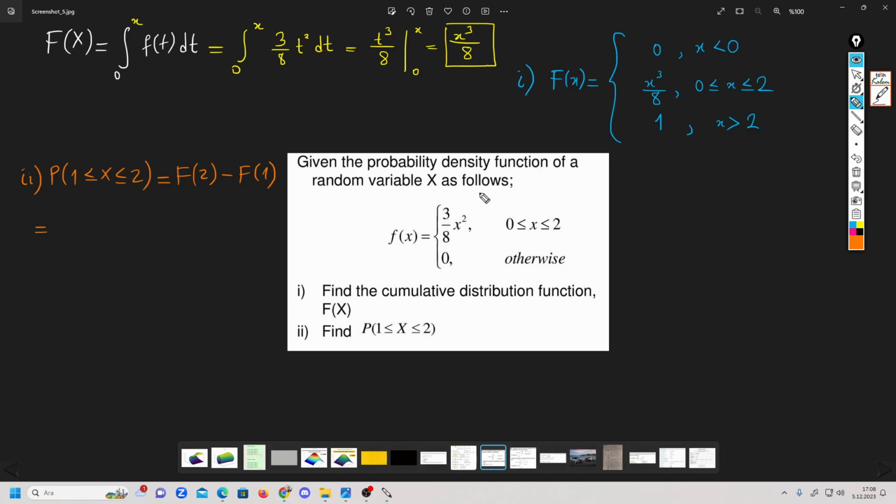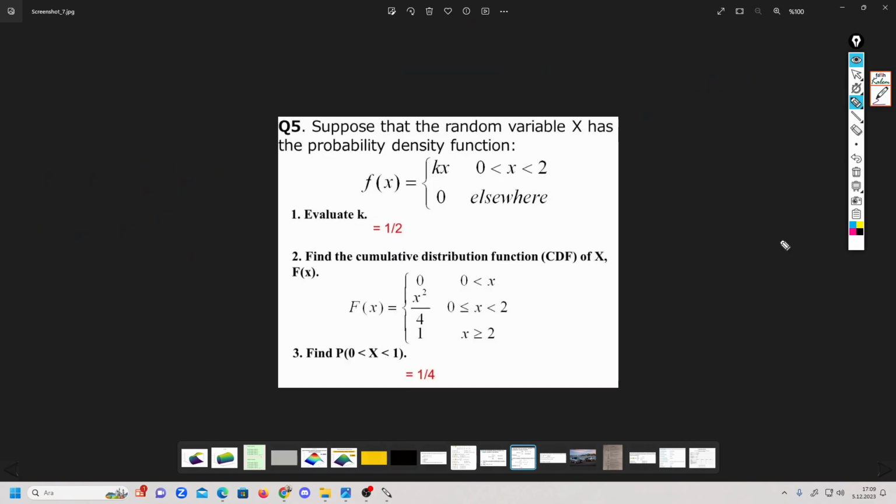Okay, F of 2 and F of 1, we have the same function here. Between x is between 0 and 1, we have this. So the result is 8 divided by 8 minus 1 over 8, it is 7 over 8. So this is the answer.